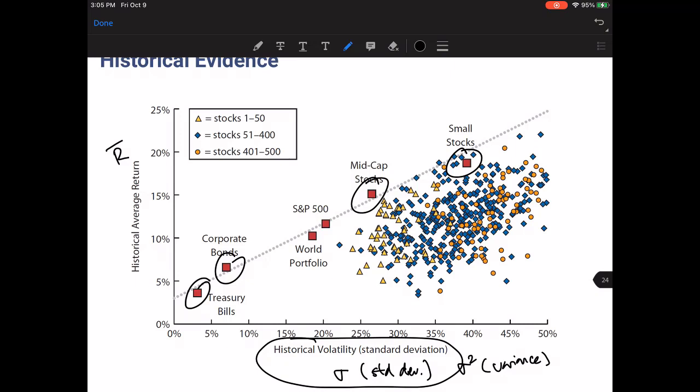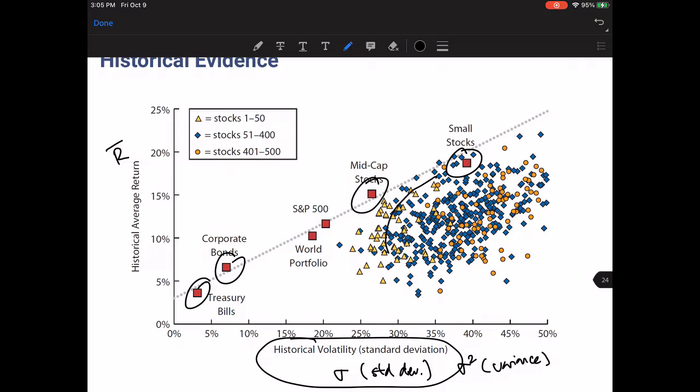So there is a linear relationship between risk and return. But when we look at stocks in general, we see that it's scattered all over the place, but its relationship is still positive, though not perfect.